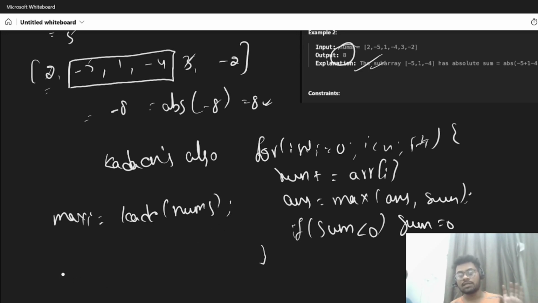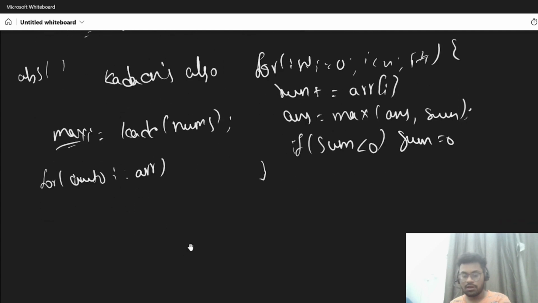But Kadane's algorithm only works on the positive sums. When it is an absolute value, there is a contribution of the positive subarray sum, or it can be a negative subarray sum. So maxi can get you the positive subarray sum. If you want to get a negative subarray sum, just iterate over the array and multiply all the numbers by minus 1.